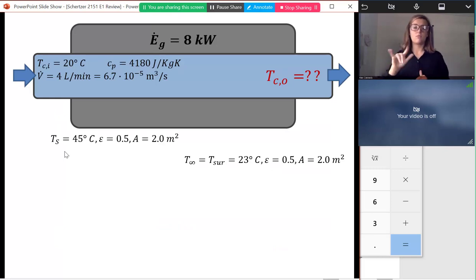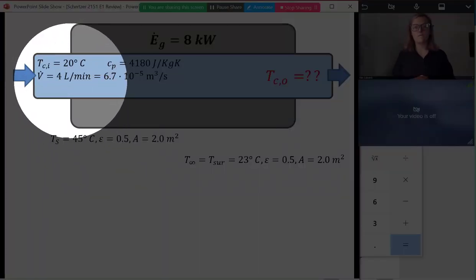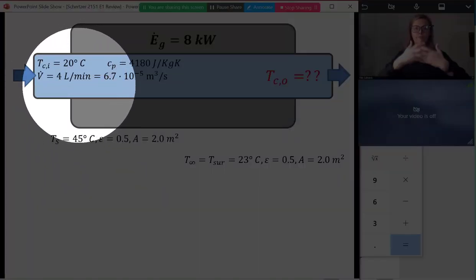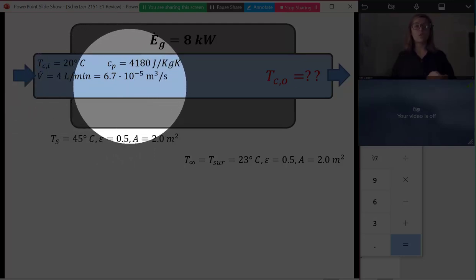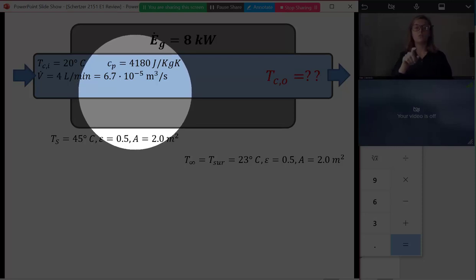So this is what my hyperdrive component looks like. I know coming in, I've got some information about this cold water. It comes in at 20 degrees, at 4 liters per minute. So I'm going to turn that into a volumetric flow rate in meters cubed per second. I had to divide by 1,000 to get to meters cubed, and then divide by 60 seconds per minute.